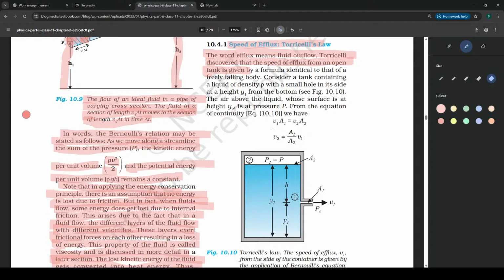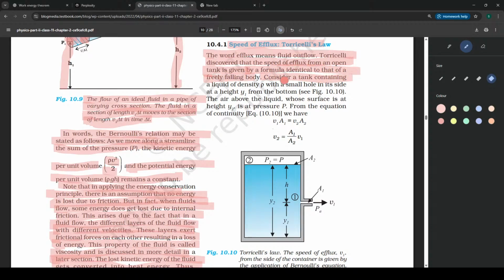Okay, the word efflux means fluid outflow. What efflux means is that it is the outflow of fluid. Torricelli discovered the speed of efflux from an open tank is given by a formula identical to that of a freely falling body.